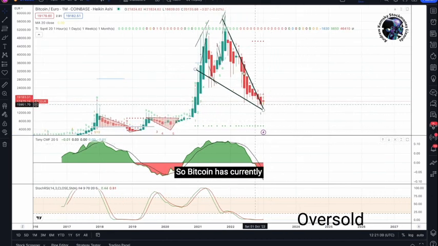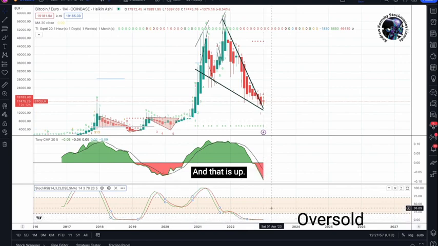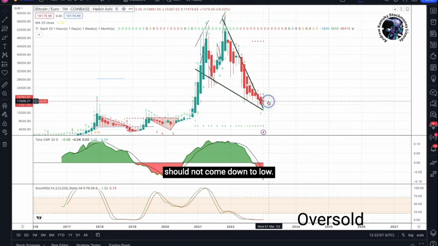So Bitcoin has currently hit a low that corresponds with the low of 2018. So the indicator is suggesting that there is only one way to go, and that is up. So assuming that the RSI is signaling a bottom, then prices should not come down too low.